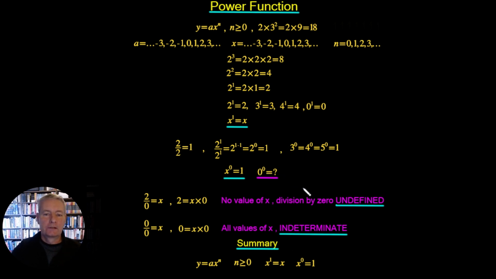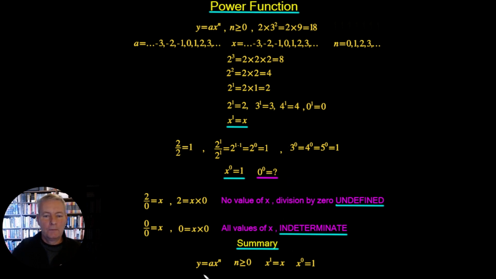But there might be certain situations in mathematics where defining 0 to the power of 0 is equal to 1 is not of a lot of value, okay? But for our purposes here, we're going to stick with what is usually done certainly within the world of computer science, and that is that we're going to define 0 to the power of 0 is equal to a value of 1.